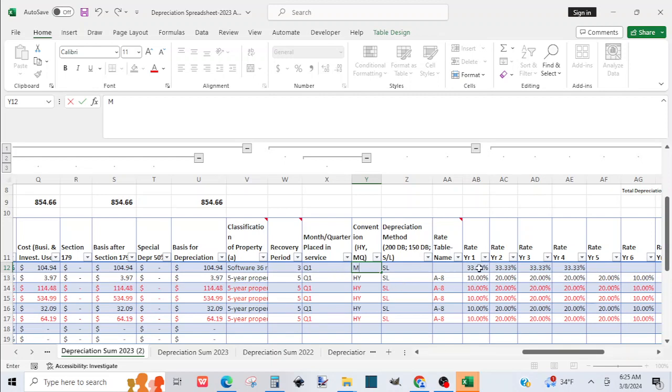So 36 months, the number of months you use it the first year divided by that 36 months. So if you use it for 2 months, meaning you put it in service in early November, that means the last year will have the remaining 10 months for the total to be 100%.